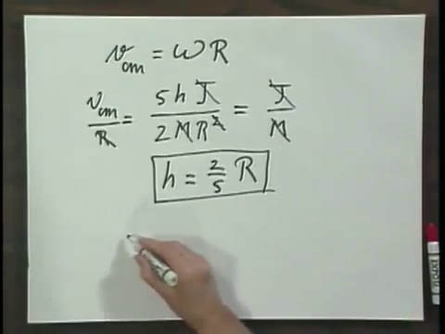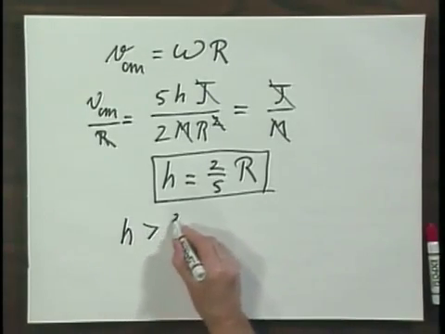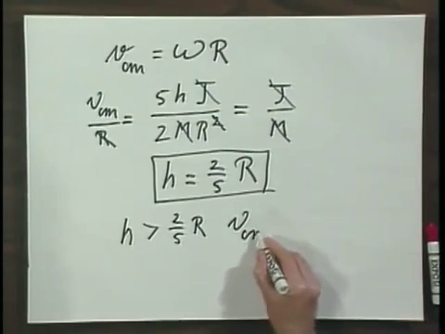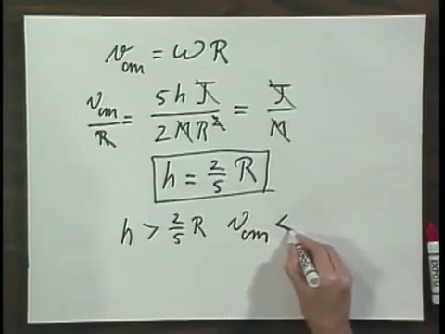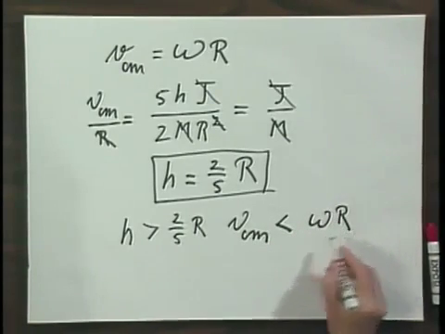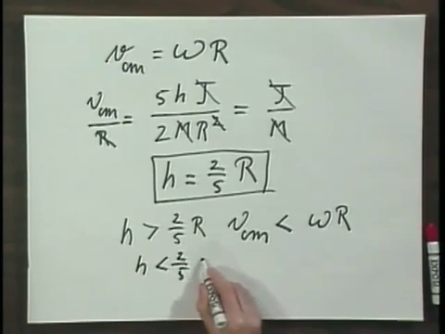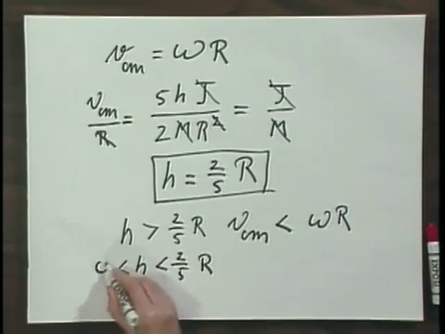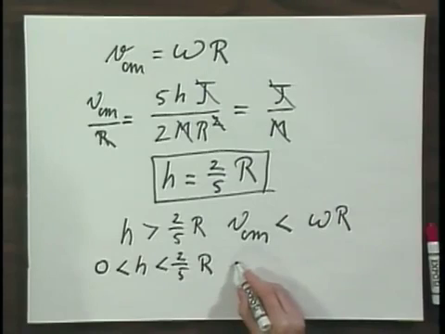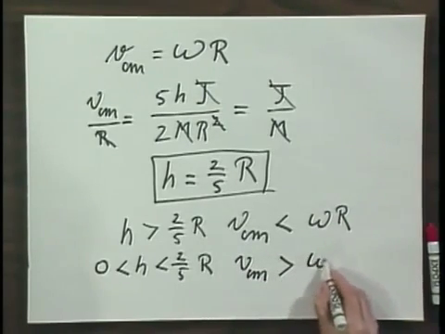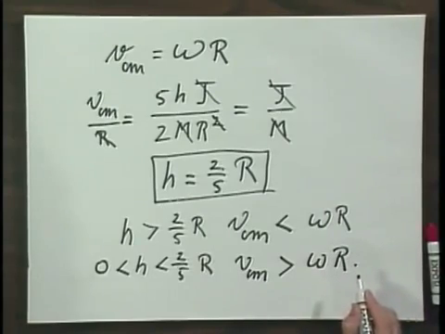If h is larger than 2/5 r, then the velocity of the center of mass will be less than omega r. And if h is smaller than 2/5 r, but let's take for now larger than 0, so it will be above point C, then the velocity of the center of mass will be larger than omega r.